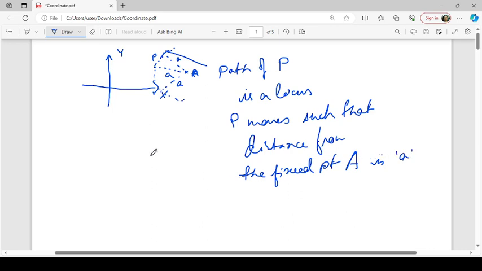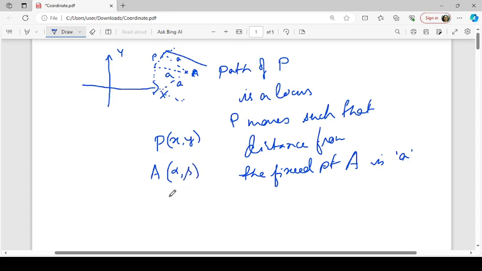So P is a variable point, so we can say its coordinate is (x, y). So (x, y) varies, variable. So A is fixed. Suppose the coordinate of A is (alpha, beta).